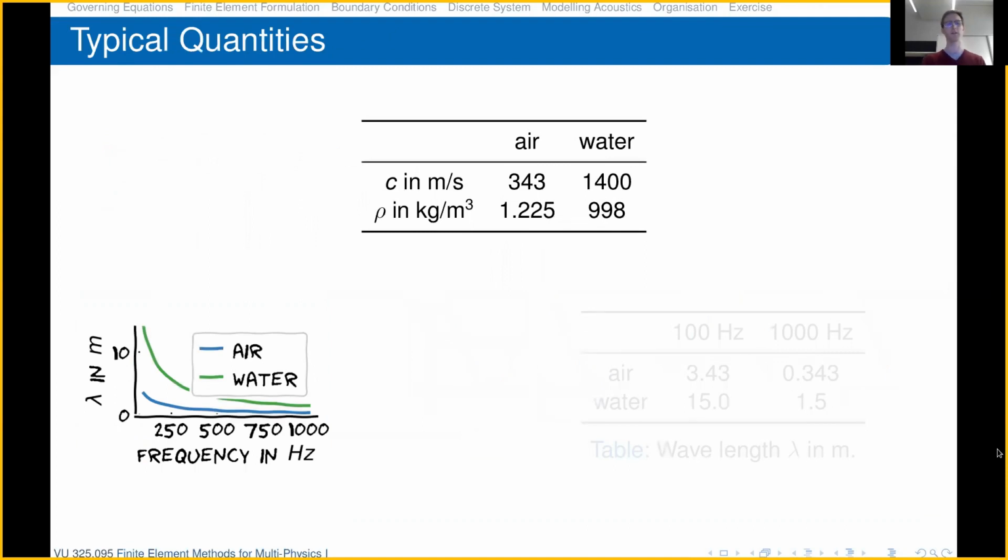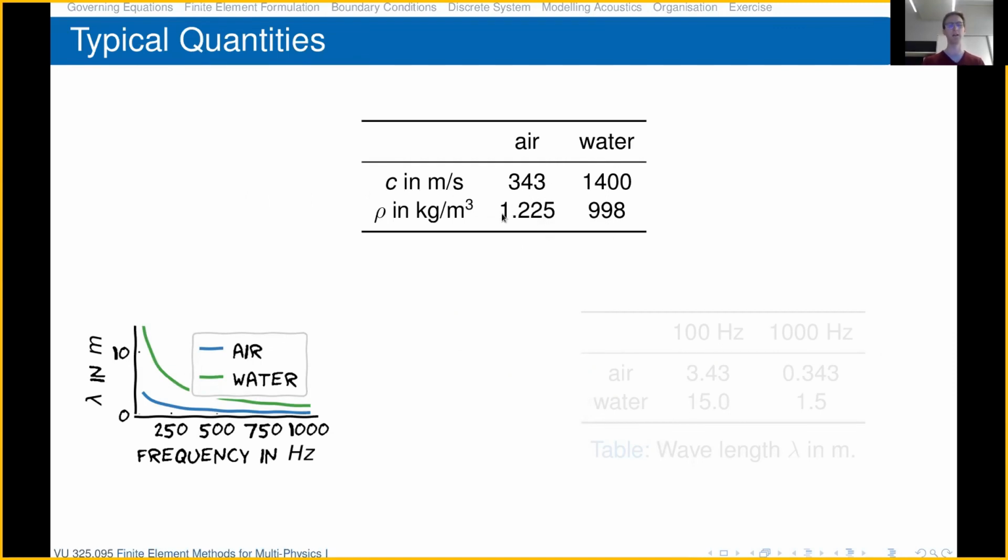So what are typical quantities for the wavelength, which is the central parameter in acoustics? For air, we have a wave speed of about 340 meters per second. In water, we have about 3 times this, so 1,400 meters per second. And also the densities are fundamentally different in these two important media.